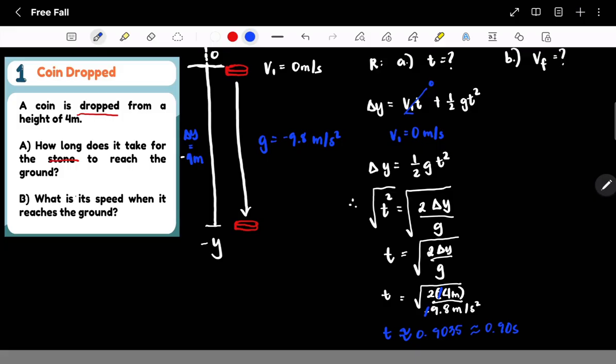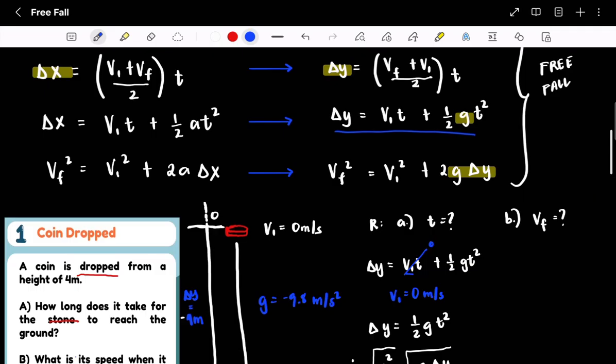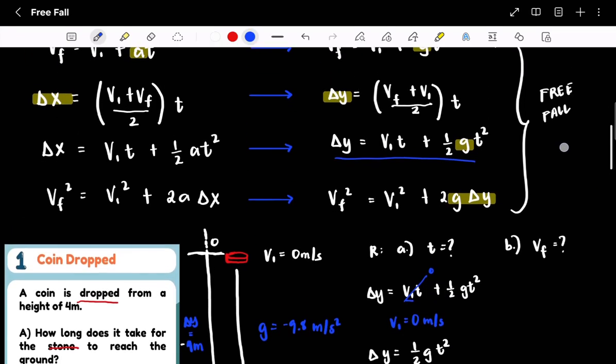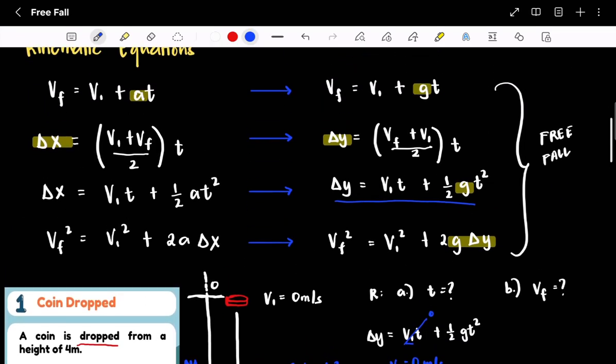Okay, so we will again observe the kinematic equations, and we are looking for VF. And there are kinematic equations 1, 2, and 4 with the VF. So again, always choose the equation that is more efficient. If we consider kinematic equation number 4, it has VF, which is what we need. We have the VI, which is 0.